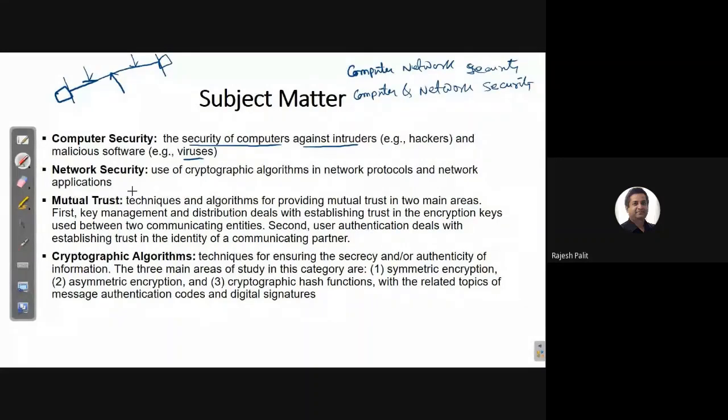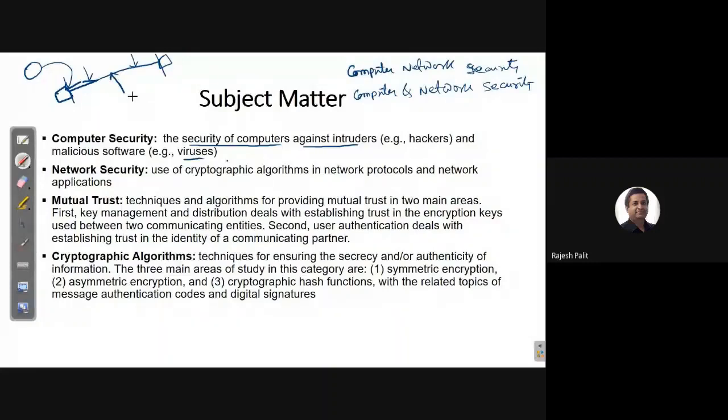And then mutual trust. These are techniques and algorithms for providing mutual trust in two main areas. The first is key management and distribution, which deals with establishing trust in the encryption keys used between two communicating parties. From government or authorized organizations or agencies, we need to collect keys for encryption.